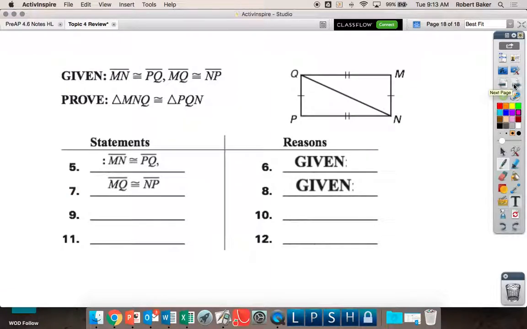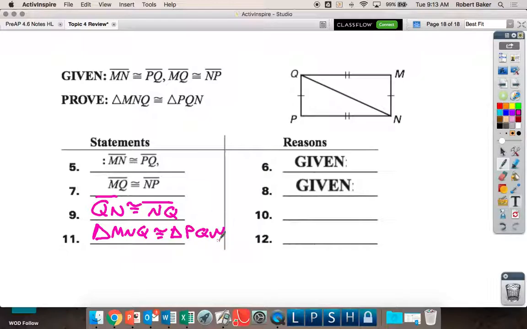Okay, let me fill out everything that you need. It's marked that MN and PQ are the same. It's marked that MQ and NP are the same. It will also say on your test that QN is congruent to NQ. It will also say that triangle MNQ is congruent to triangle PQN.